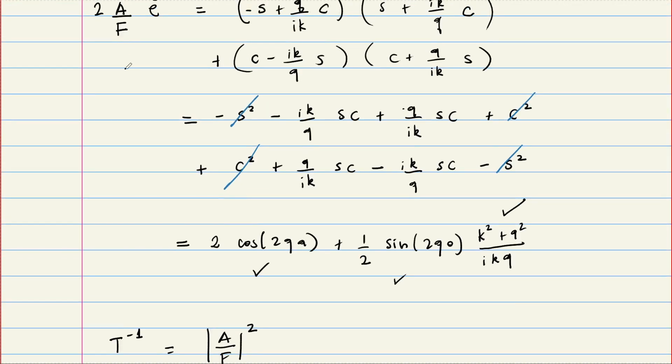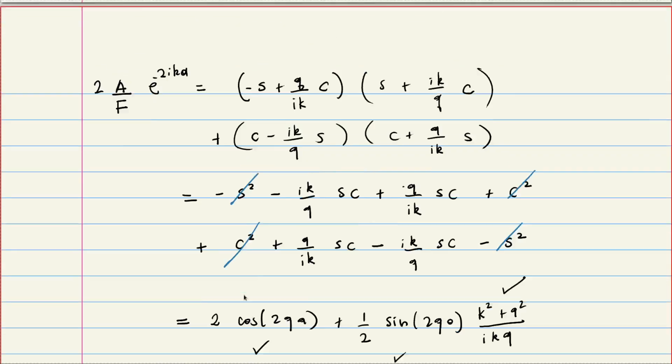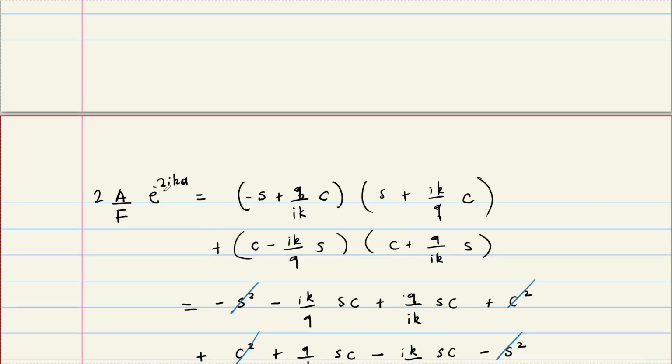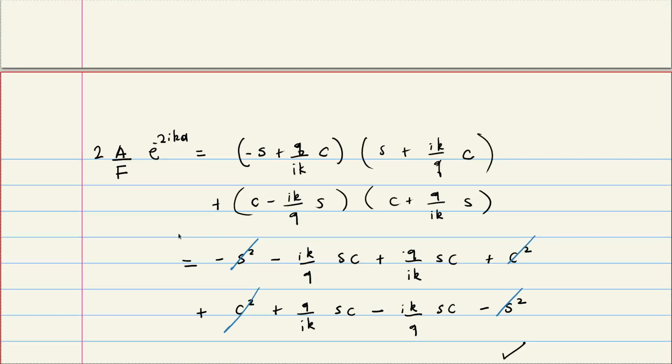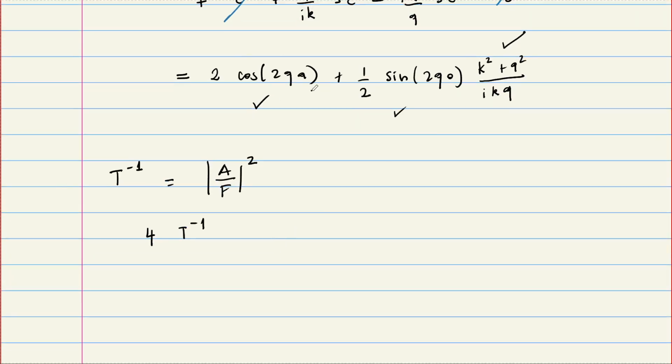That means I have 4 here, 4 T inverse, and the e to the I term, when you take the absolute value, is gone. And here I have, you can see, a real part plus imaginary part, and the way we take absolute value is real part squared. Why do I have this?